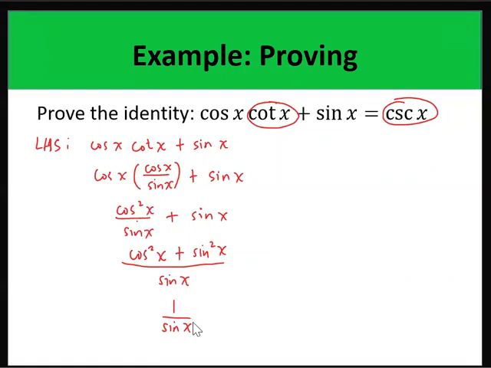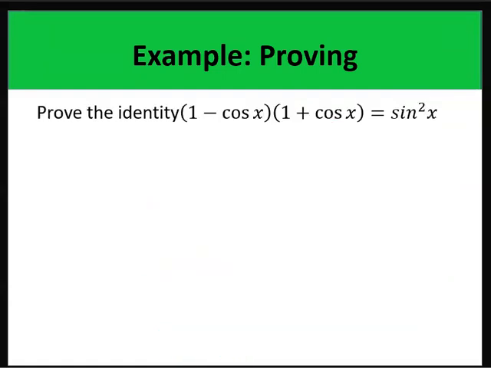And we know from the reciprocal identities that 1 over sine x is equal to cosecant x, which is our right-hand side of the equation. So this proves that the left-hand side and the right-hand side are the same. So that proves the identity.